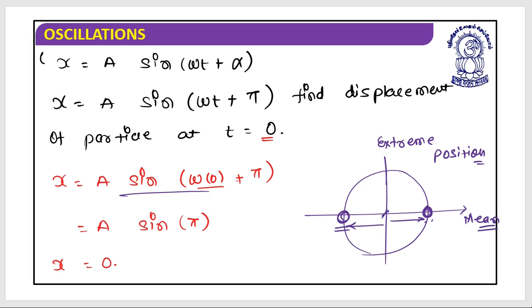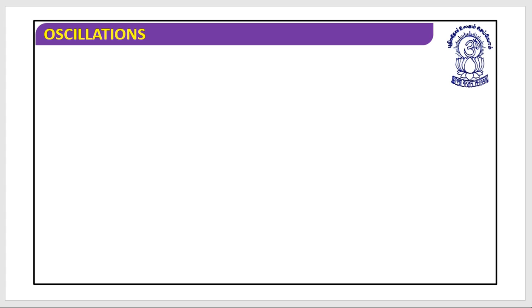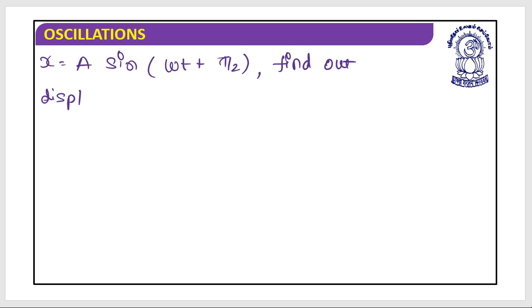Now let's take one more question, and that will make you clear about this. X is equals to, let's say, a sine omega t plus pi by 2, and they will ask me to find out the displacement of particle at t equals to 0.